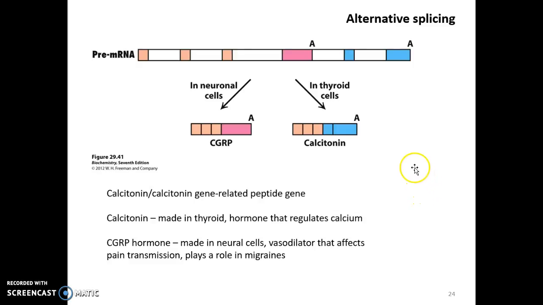In different cell types in multicellular organisms, different introns will be spliced out, which results in different messenger RNA molecules and therefore different proteins. In this way, one gene can encode more than one protein. Here's the classic example learned by genetics students all over the world.